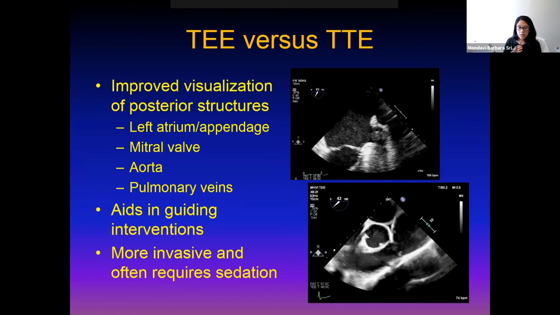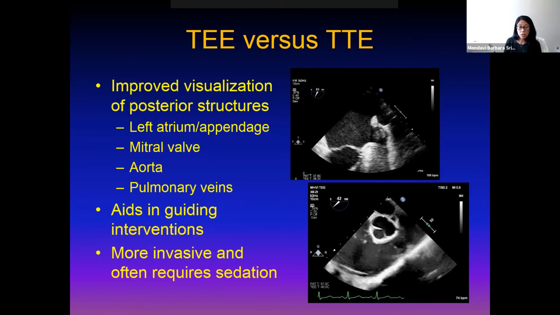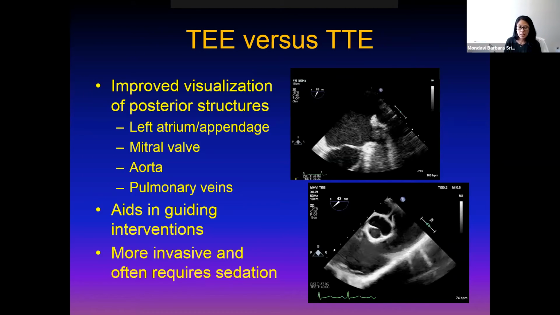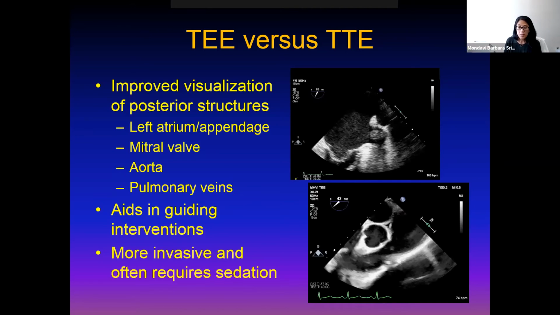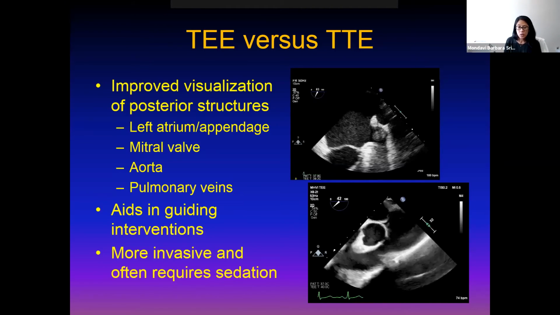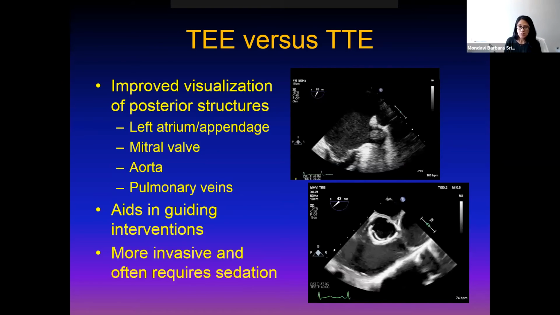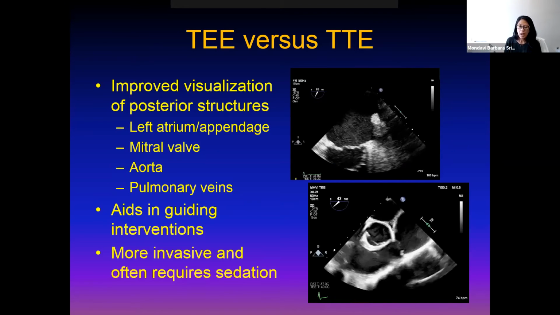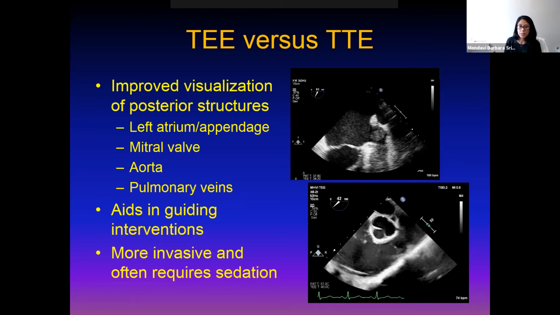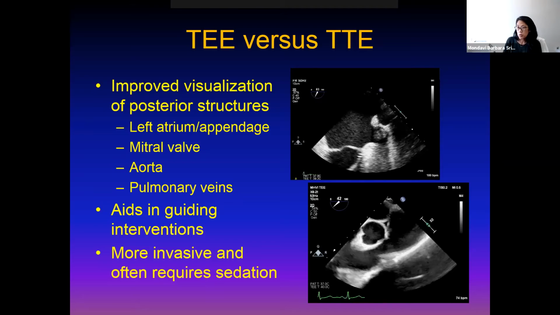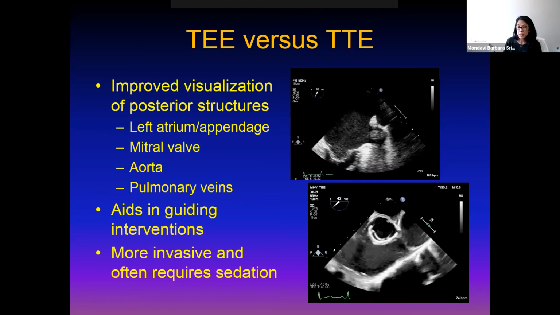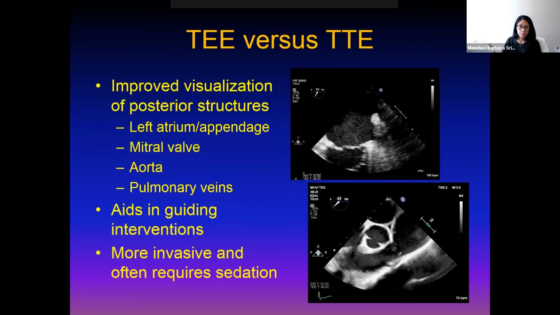However, compared to transthoracic echo, it's important to understand that TEE is a more invasive procedure and often requires sedation. So it's an important aspect to consider in a patient who may have respiratory instability, whether we would want to put them through the risk of TEE because it does require sedation.